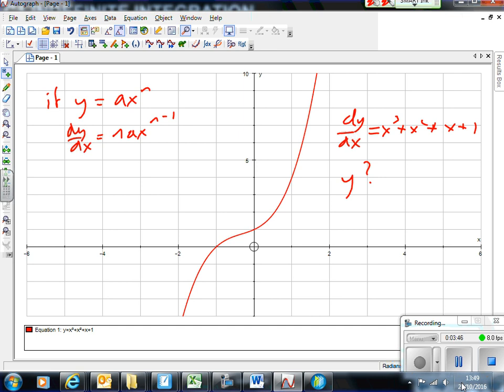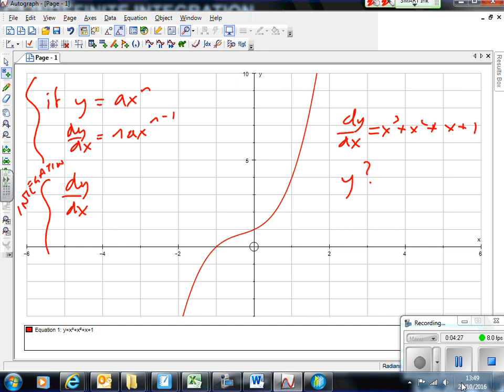So if we start with dy by dx equals ax to the n, rather than bringing the power down and then taking 1 from the power, we would say the integral of this thing with respect to x. So this is what this notation means. Let's go back. So this is differentiation, but now integration.